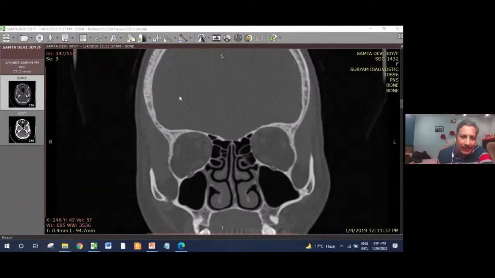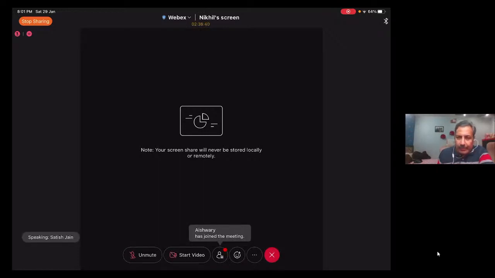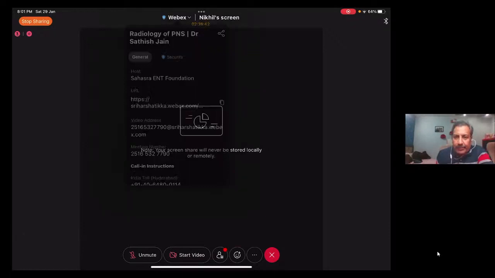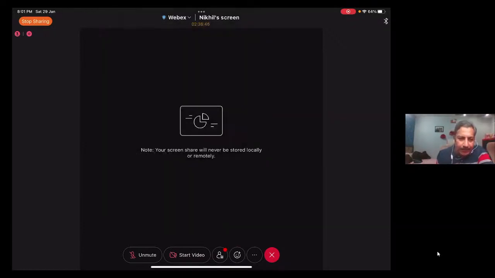You can see this better if you change to the multiplanar view to see this middle turbinate in all planes.